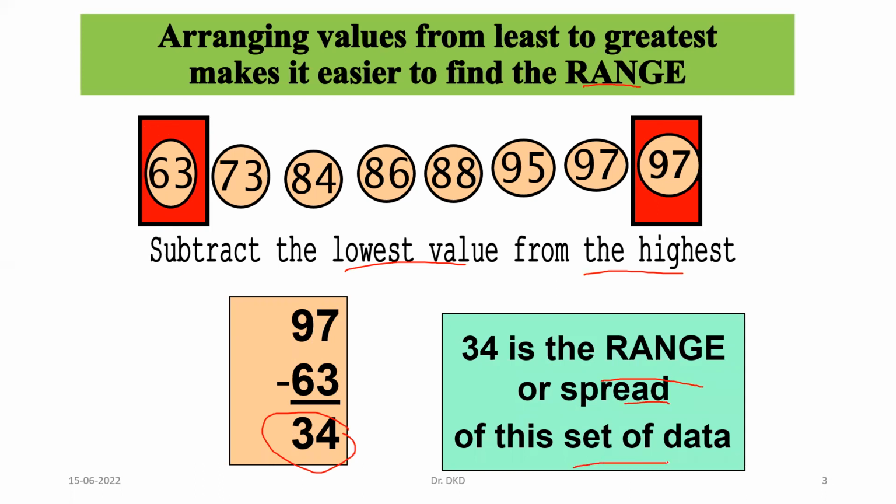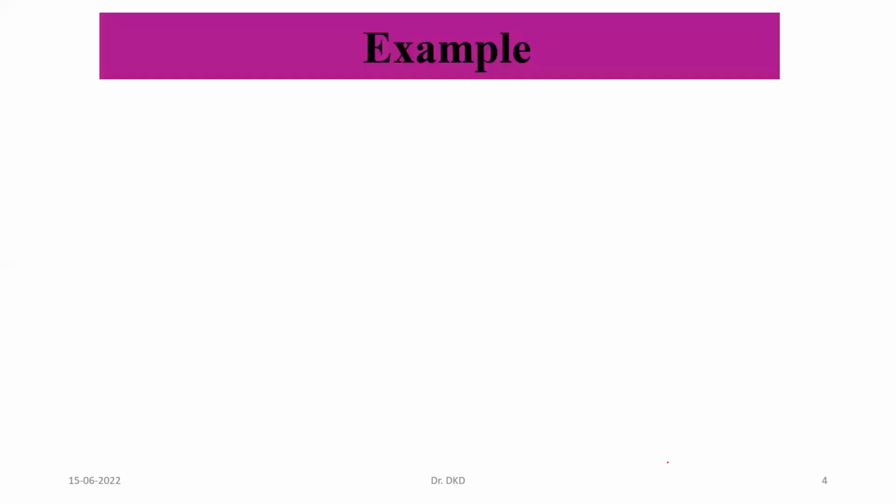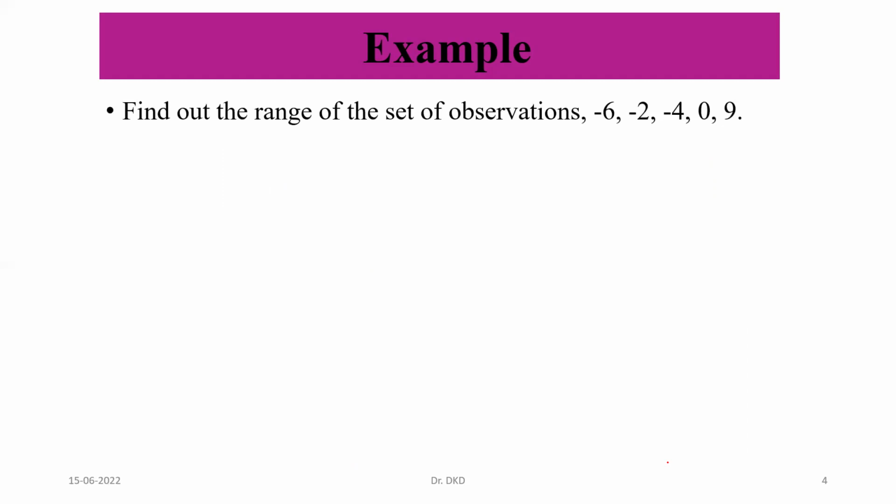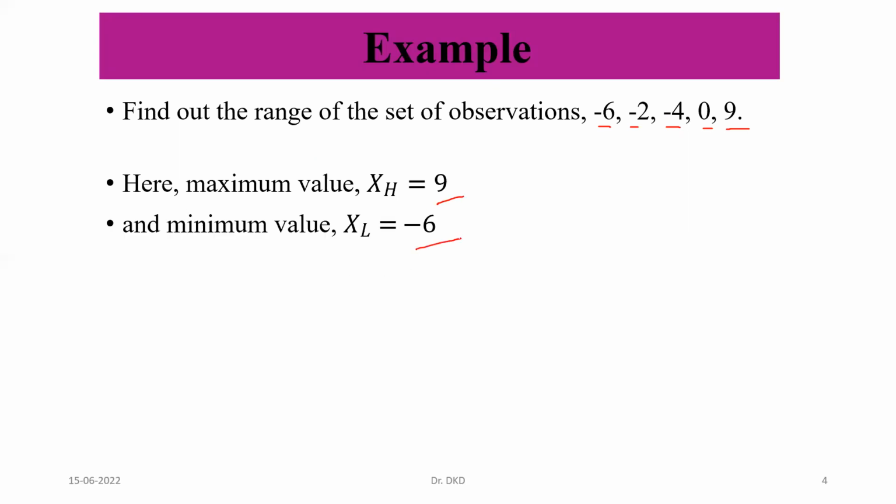This is also known as ungrouped data, and we can calculate the range in this simple way. Now for the next example, the question is: find the range of the set of observations -6, -2, -4, 0 and 9. How do we get the range here? The maximum value in the given data set is 9 and the minimum value is -6.